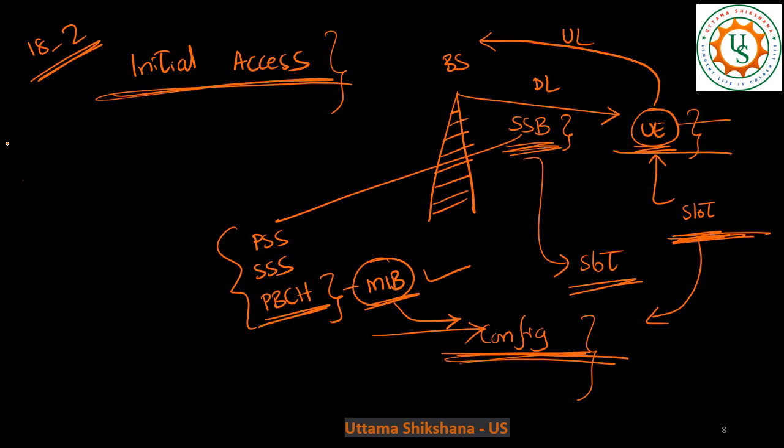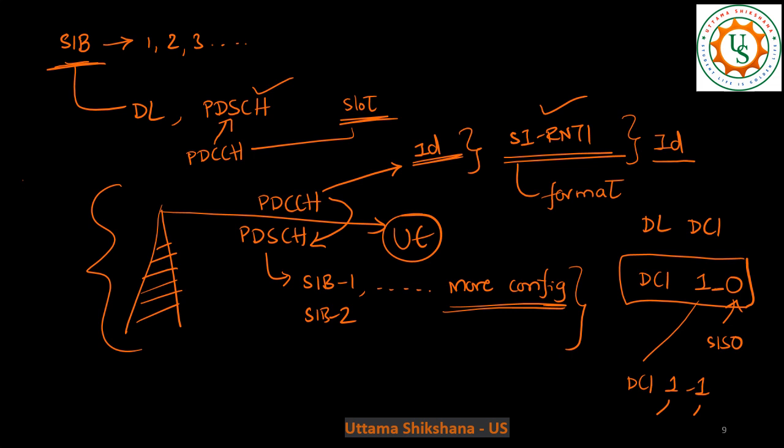So how will it know which configurations to use in order to transmit in the uplink? That configuration will be present in the SIB. In the uplink direction, what is transmitted is called PRACH, the physical random access channel. This is in the uplink direction to synchronize in the uplink.